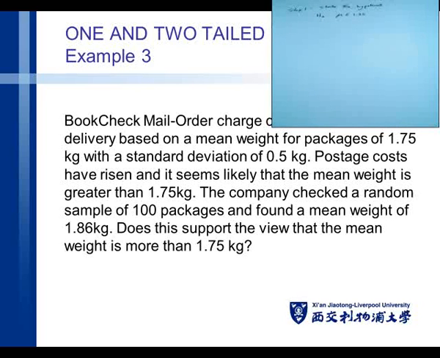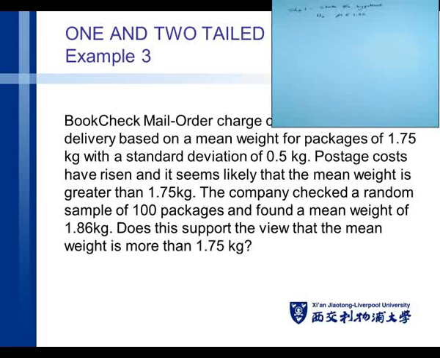Because if it is smaller or equal to 1.75, it's not a problem. It's only a problem if it is bigger. And the only meaningful statements are those where I reject the null hypothesis. So if I reject that it is smaller, then I think the true population average might be bigger.